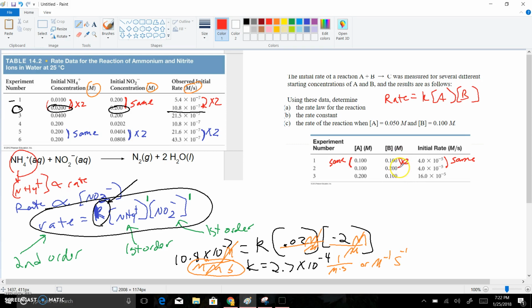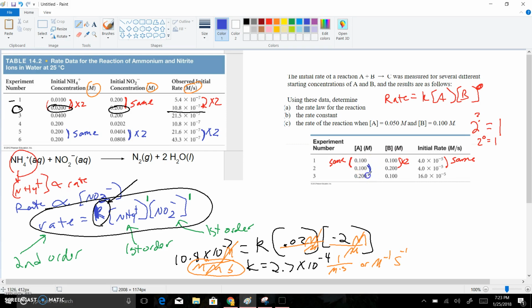If I multiply the concentration by 2 but the rate doesn't change, here's what I think in my head: 2 to the what equals 1, or the same? Do you see how this doubled, but this stayed the same? I'll call that 1. 2 to the 0 equals 1. 2 to the 0 power equals 1. So the rate order for B is 0. Let's look at the next guy.